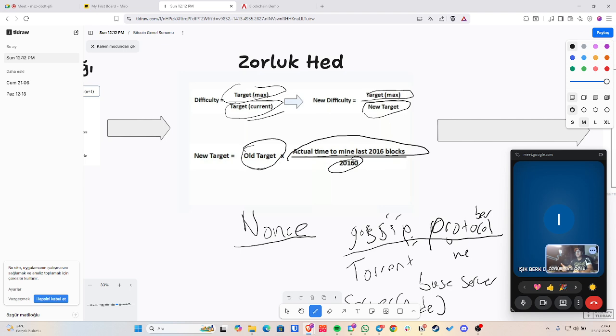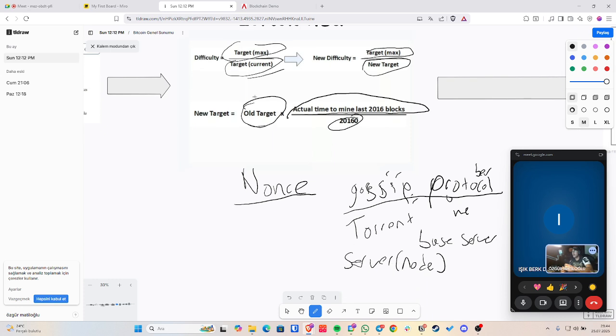So by this, we are finding this new target by the nonce field. How so? Because we are incrementing and decrementing the hash nonce field. So we are finding the correct hash, and all the nodes, aka servers, are working together, and they are finding the correct hash by that.